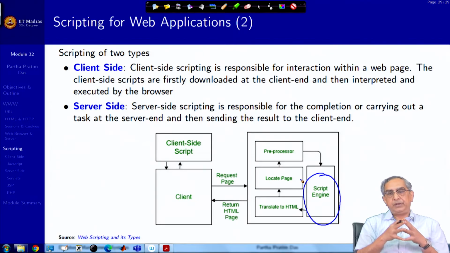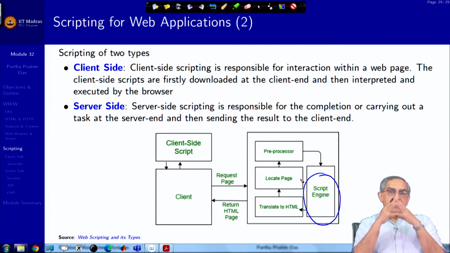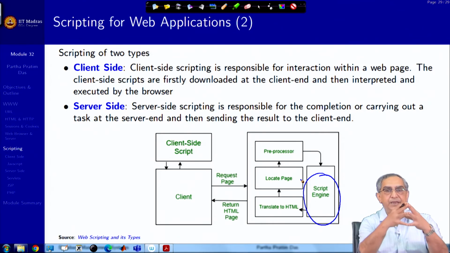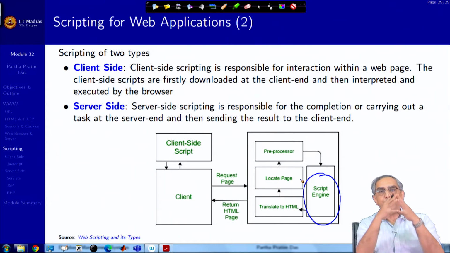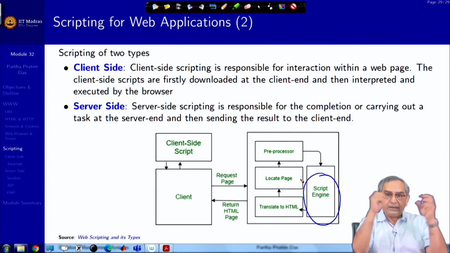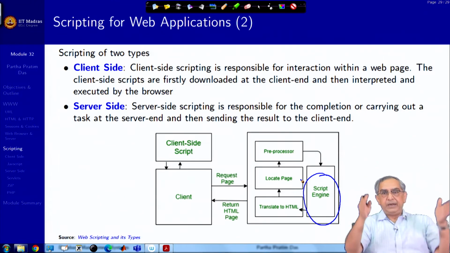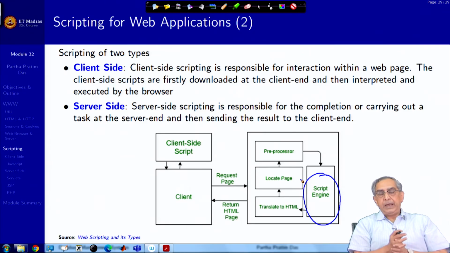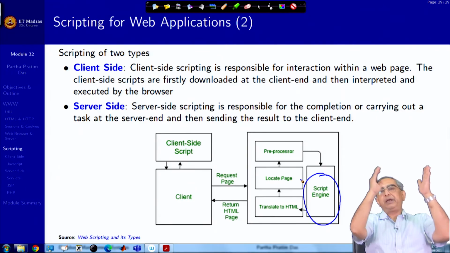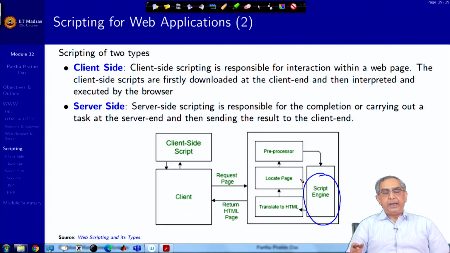Because many a times every individual task is a small one, and after having done the task you need to create the HTML. So this process of creating the HTML or the tags and so on, so that you can display it nicely, is far more difficult to do in a normal programming language than in a script, which you can visualize as if you have an HTML page with certain information missing.